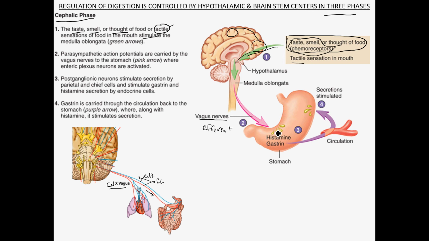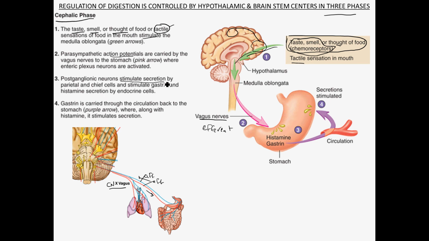And so what actually ends up happening is you get action potentials carried via the vagus nerve, where the enteric plexus neurons are activated, and that means that you just have action potentials going to those cells there, and stimulate 2 things.